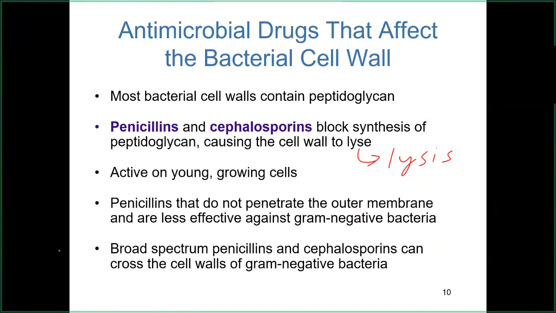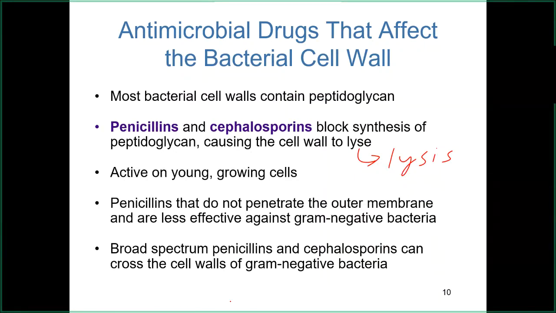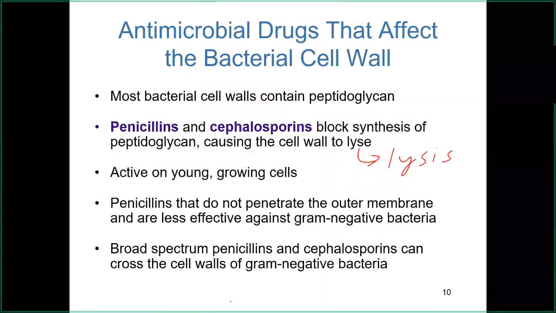There are some broad spectrum forms that are capable of crossing the cell walls of gram-negative bacteria. And if someone is infected with one of those, obviously that's what needs to be taken.